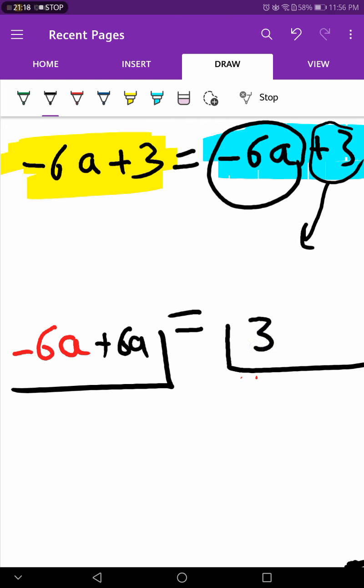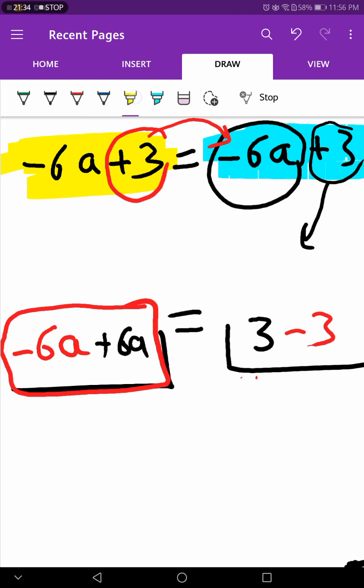It will be 3. It already exists on the right side, so don't change anything, but when you move this to this side, it will be negative 3. So negative 6a plus 6a is 0a, teacher. Yes, 0a means 0. Don't worry about it. So 0 on the left side, and 3 minus 3 is also 0.